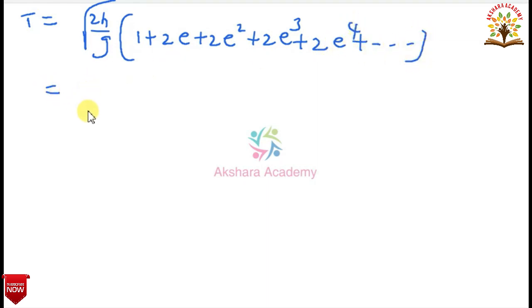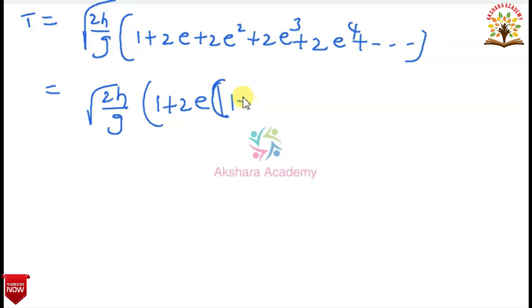That is equal to square root of 2h by g of, taking 1 plus 2e as common, 1 plus e square plus e cube plus e power 4 plus and so on.